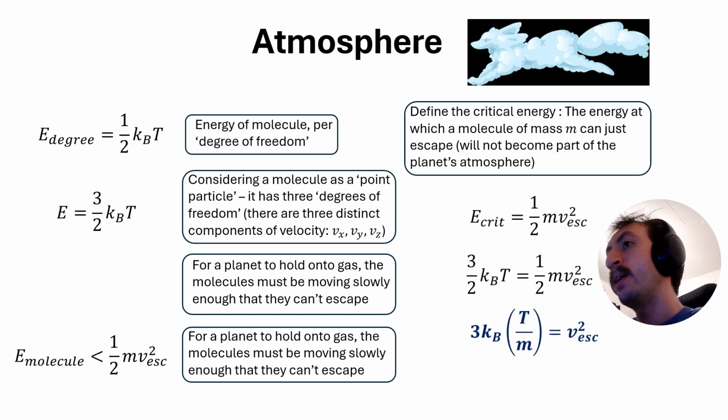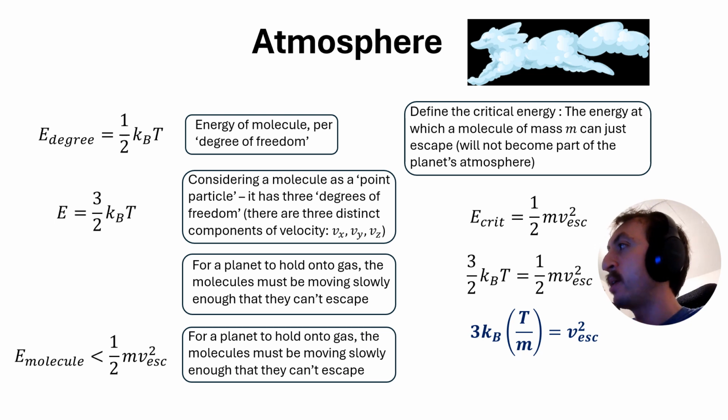And you can relate the temperature to the mass of a molecule which is moving at the escape velocity by relating your equation for critical energy to your equation for the thermal energy.